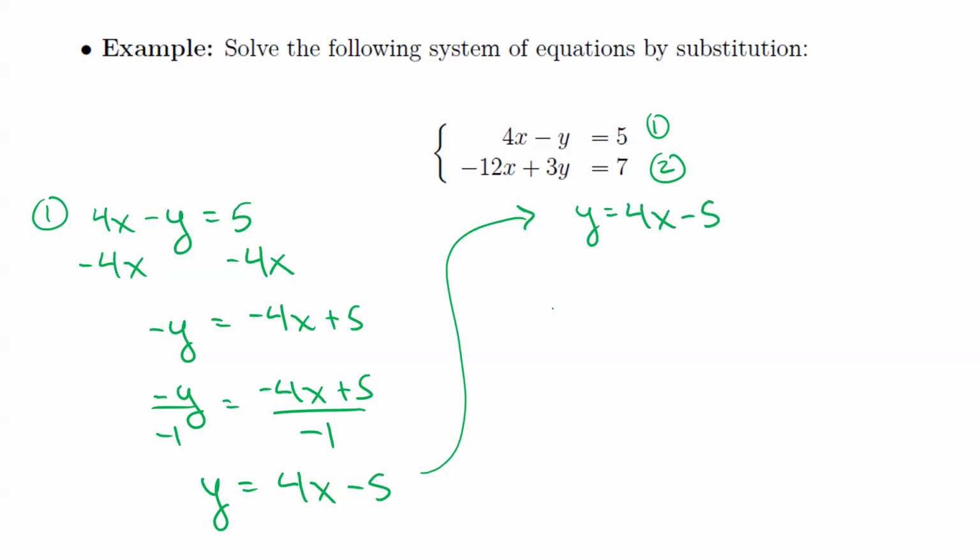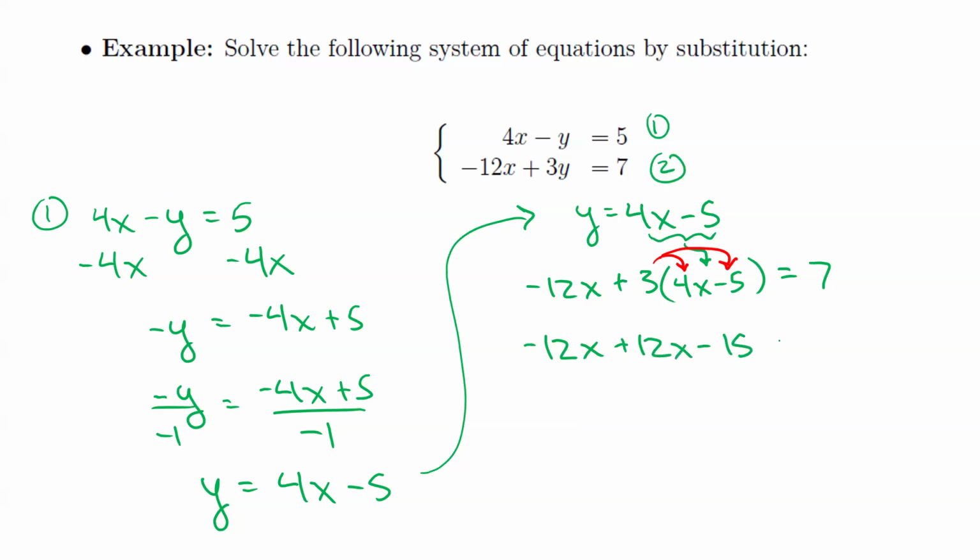We're going to plug 4x minus 5 in for the y value. So we get -12x. We're going to distribute that 3 through to both terms. So plus 12x minus 15 equals 7.